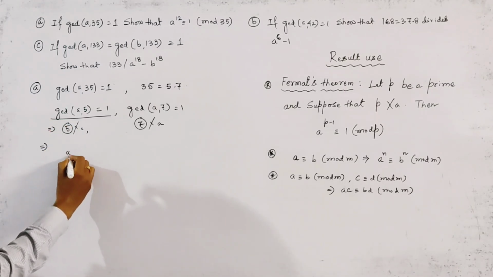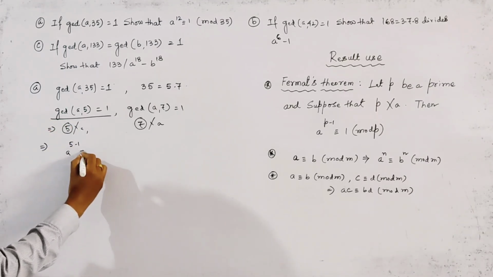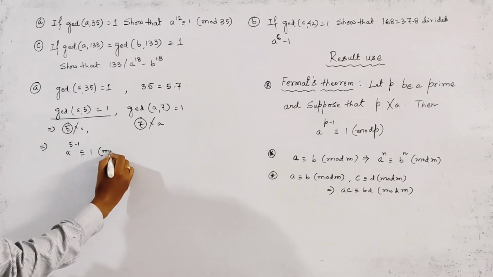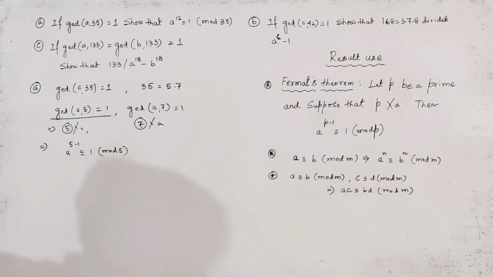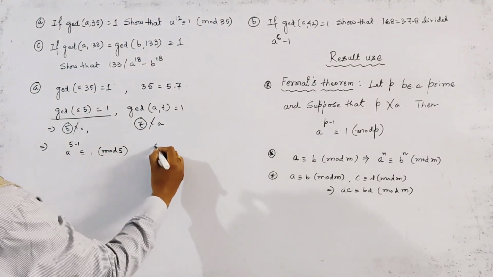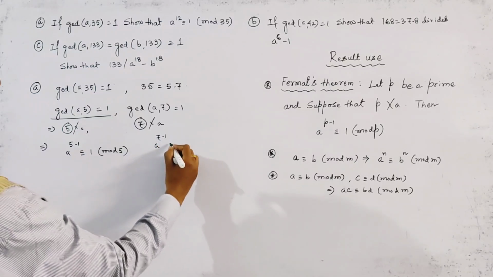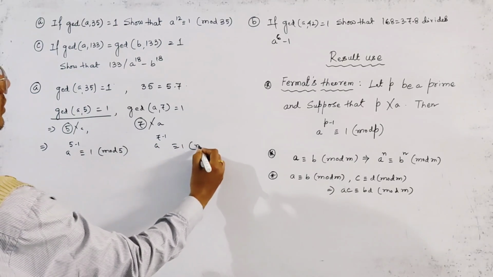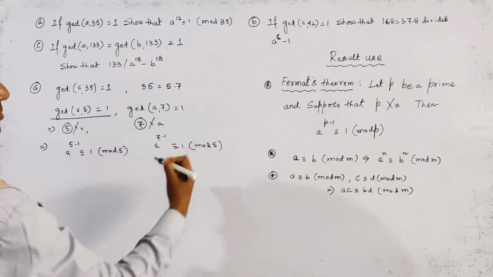Using Fermat's theorem, A to the power 5 minus 1 is congruent to 1 mod 5, and A to the power 7 minus 1 is congruent to 1 mod 7.